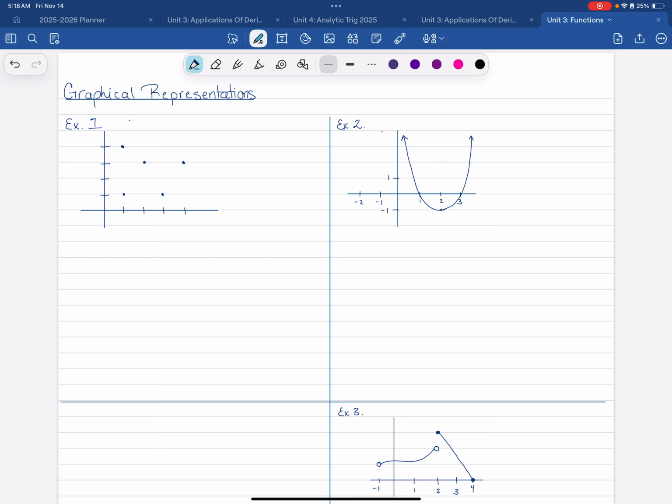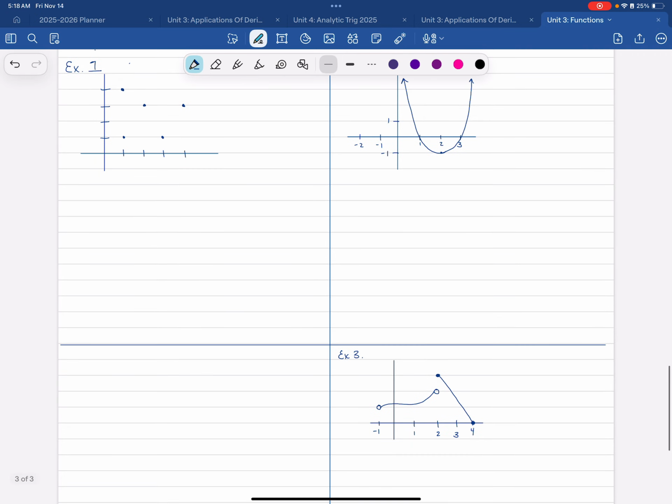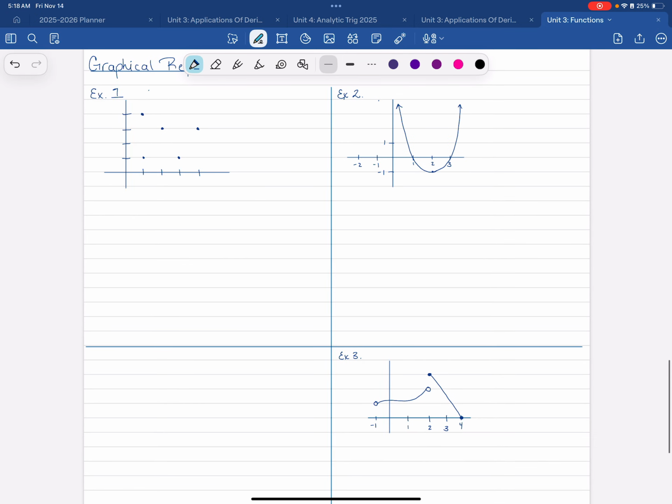So what I would recommend doing is just pausing the video and drawing these three representations of data first. That way when we're going through the notes, it can go a little bit more quickly. Notice that I did loosely label these axes. That will be important.